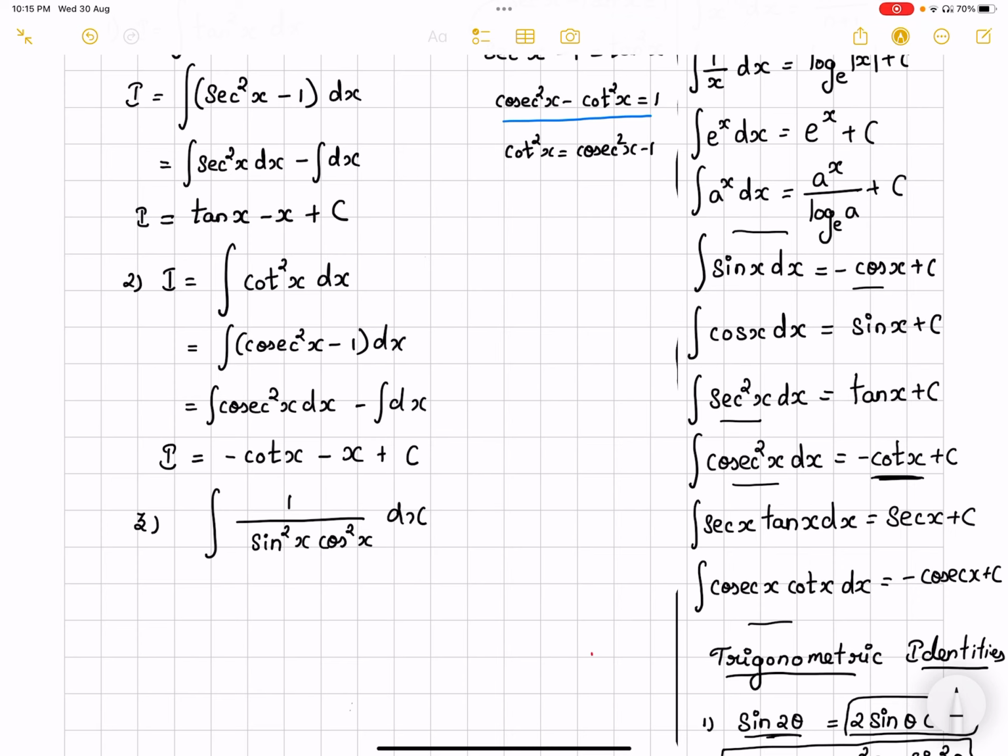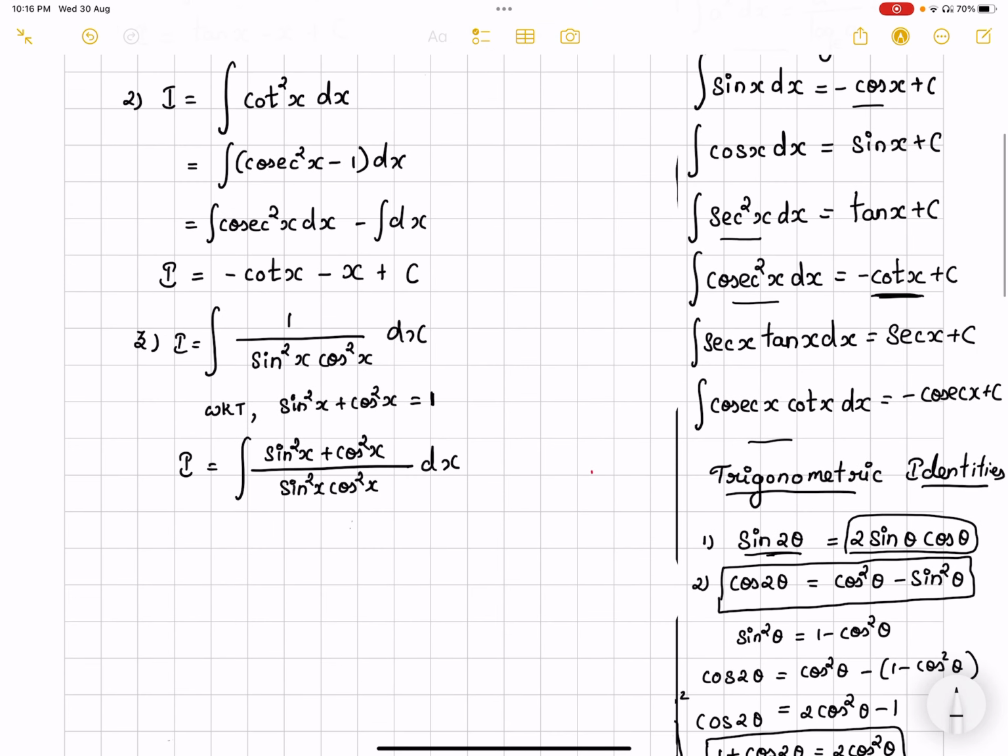So in that case, we know that sine square x plus cos square x is going to be equal to 1. So now this 1 in the numerator, I'm going to replace by sine square x plus cos square x, divided by sine square x cos square x dx.